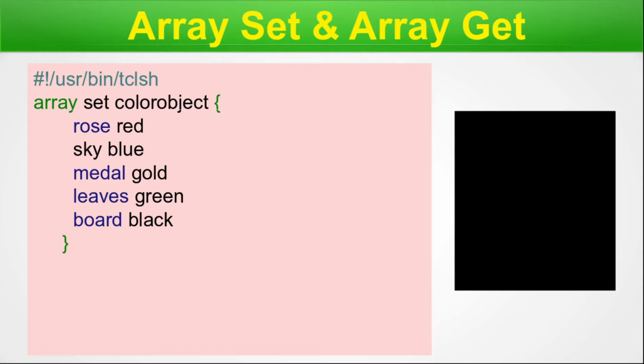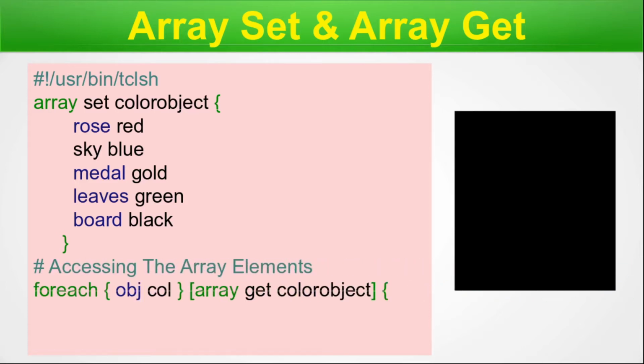And how we are accessing it, again we are using the foreach loop. This time we are using the command array get to generate a key value pair, which we are actually catching in the obj and call variables. You can see foreach, then obj and call are written in curly brackets, so it's a list.